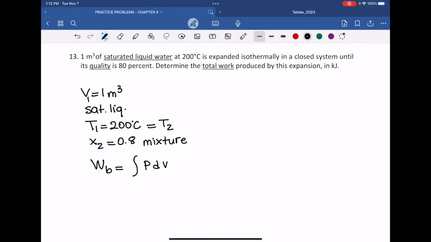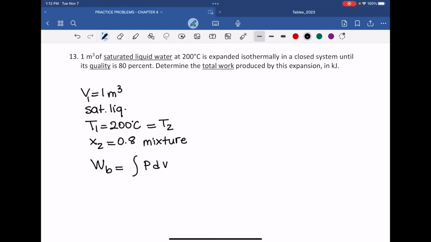Okay, so in a system where we have a piston cylinder device and there's expansion isothermally, and you are going from a saturated liquid to a mixture, you have to be at a certain temperature and at a certain pressure for this phase change to happen.